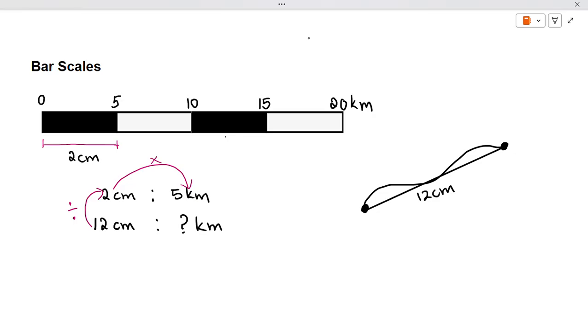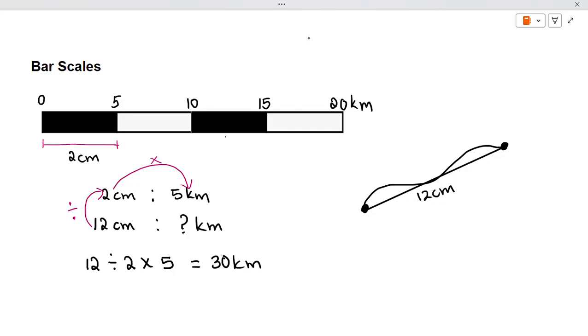So 12 divided by 2 times 5. 12 divided by 2 gives me 6, and 6 times 5 is 30 kilometers. So what this means is that 12 centimeters on the map represents 30 kilometers in reality.